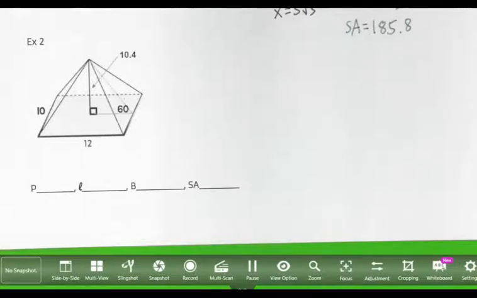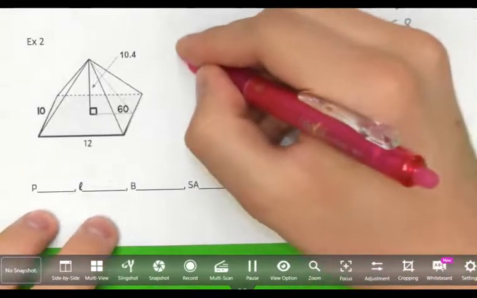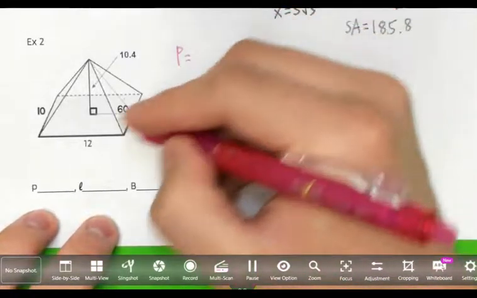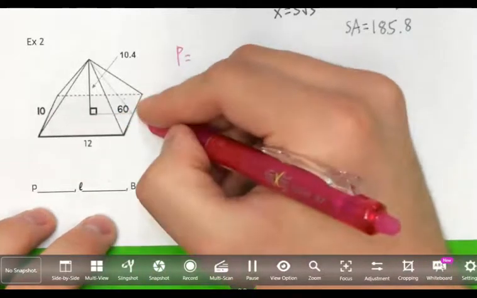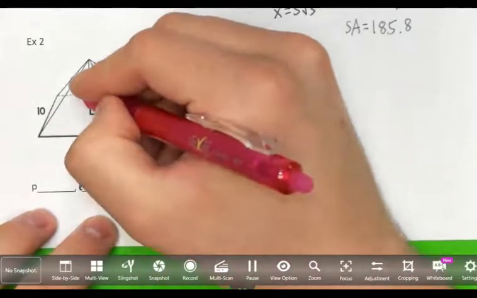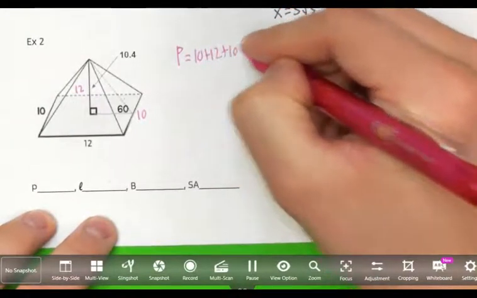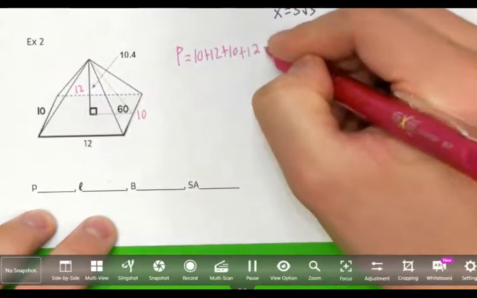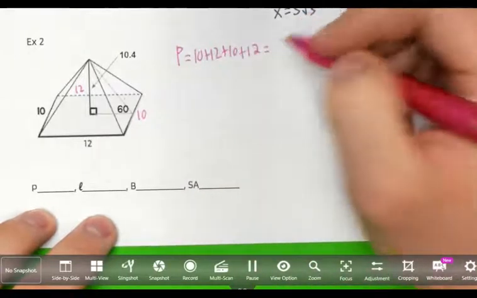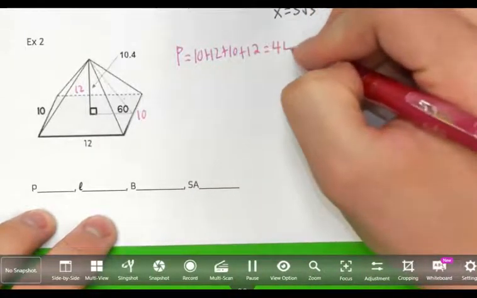But to start off with, we can go ahead and calculate the perimeter and the area of the base because this is just a rectangle and we know how to calculate those. So to start with the perimeter, we know that this 10 is also over here and this 12 is also over here. So we'll just add all of those: 10 plus 12 plus 10 plus 12. And that is going to give us 44.